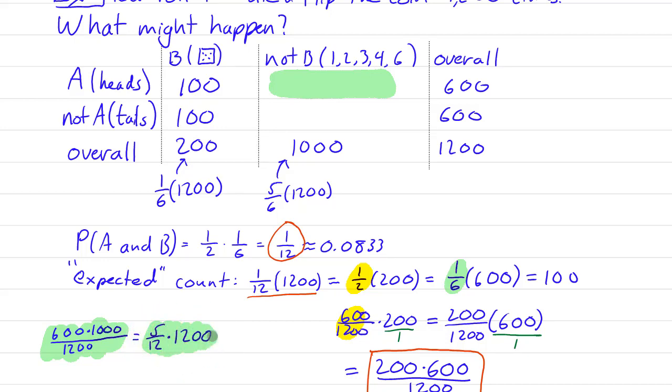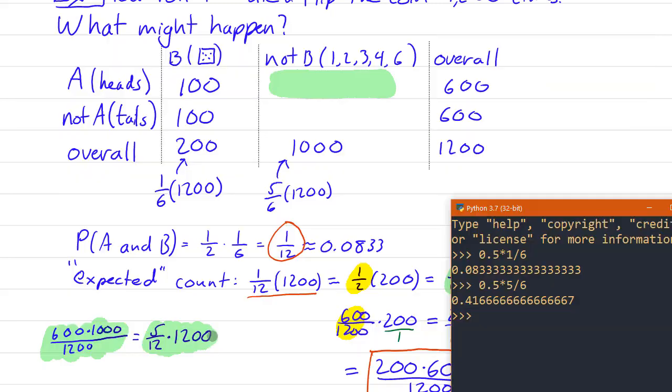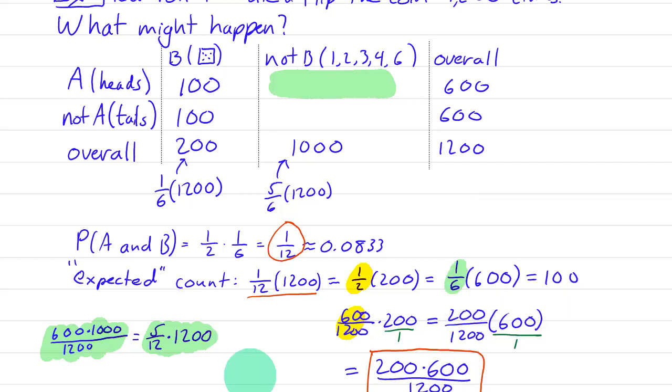So that's going to be $500. Whether you do it that way, or if you do 600 times 1,000 divided by 1,200, you still get 500. And this is also going to be 500.